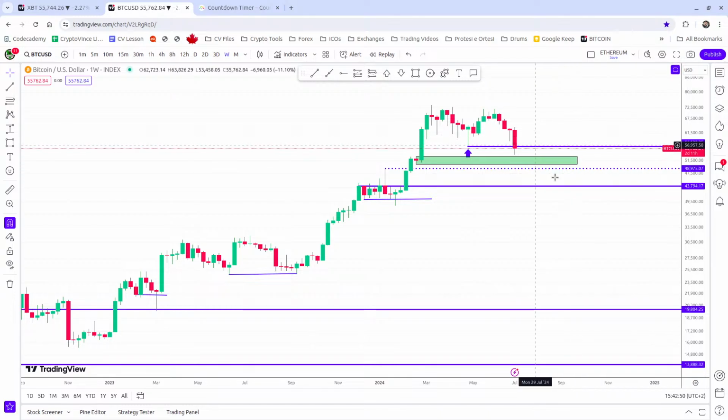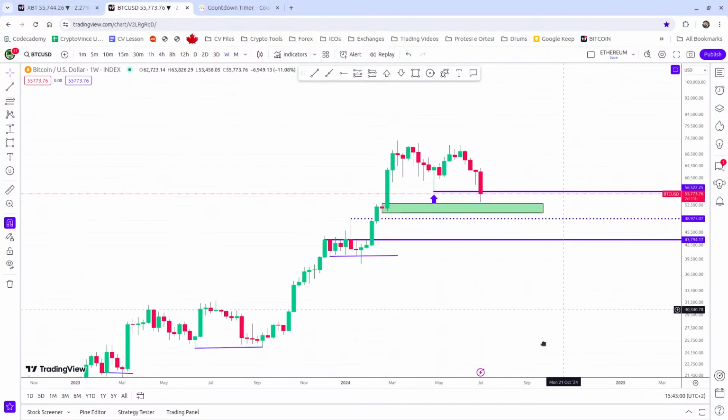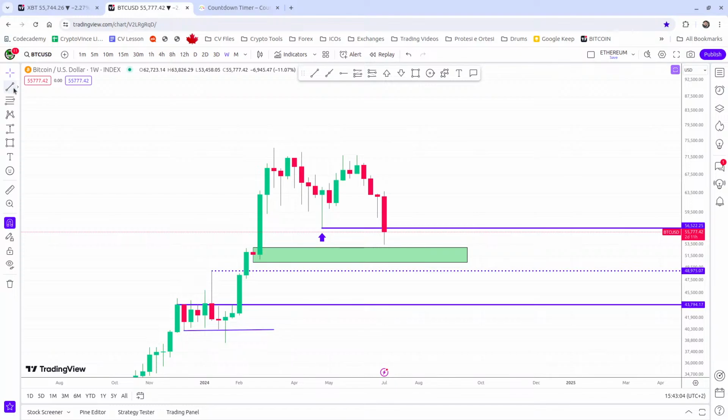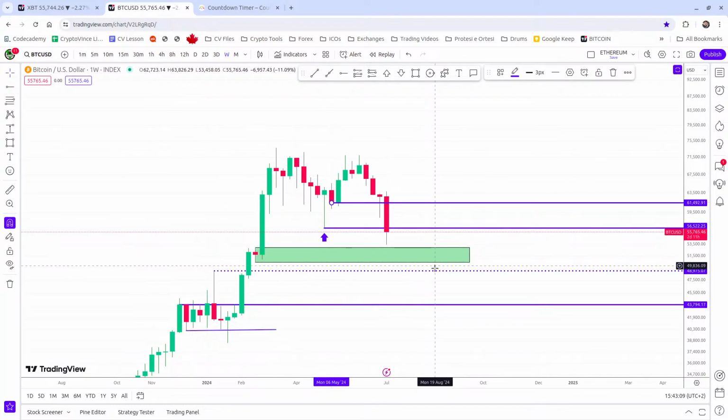I said 56.5, so we need to close above that. We need to close above that to turn bullish a little bit. Even though, to be honest with you, the main level here, as I said before, is the candle close. So that's above 61.